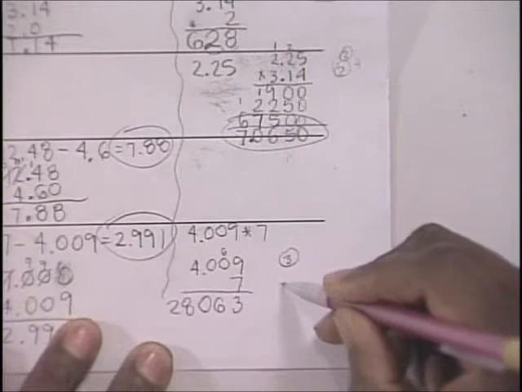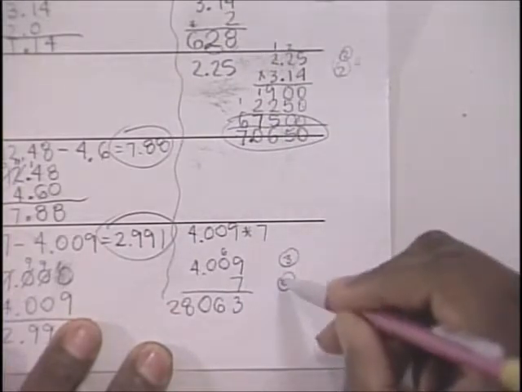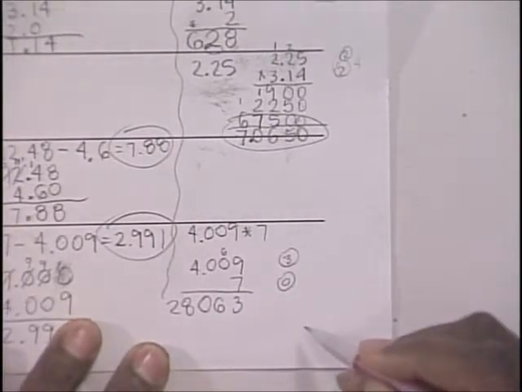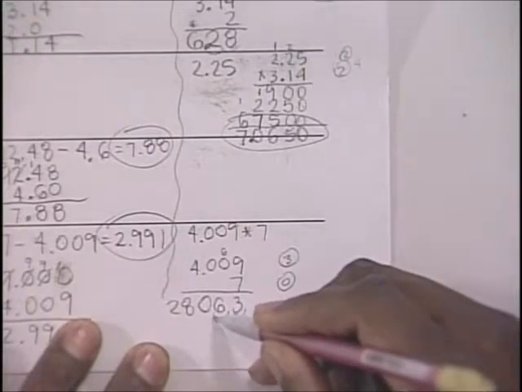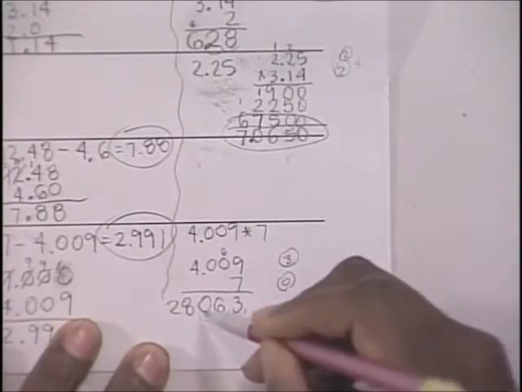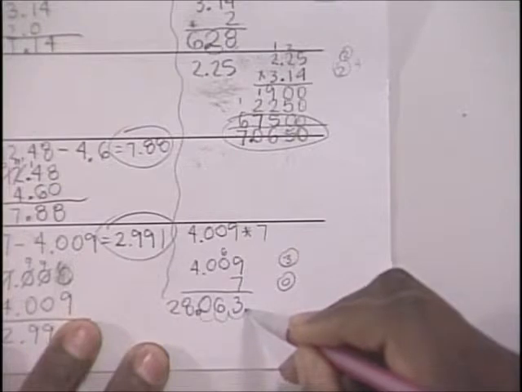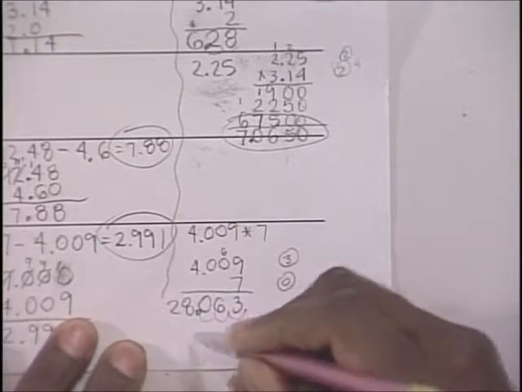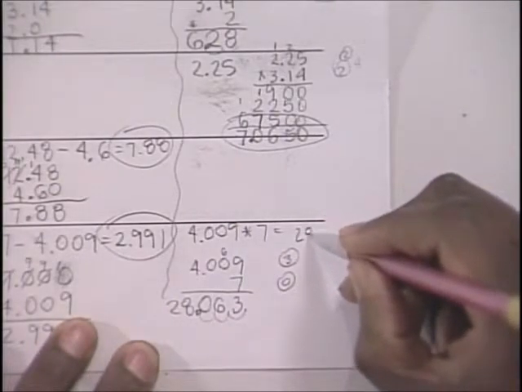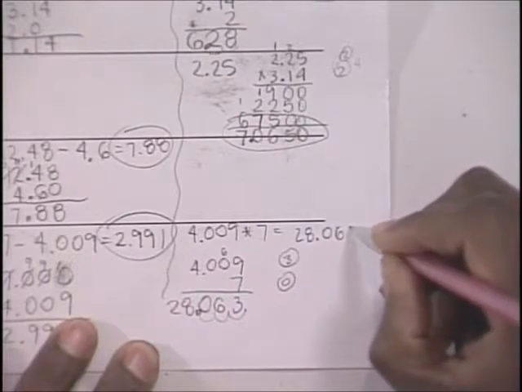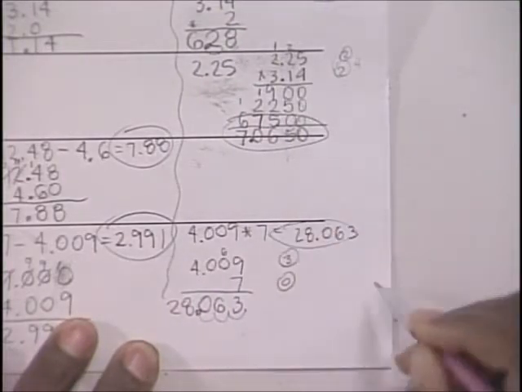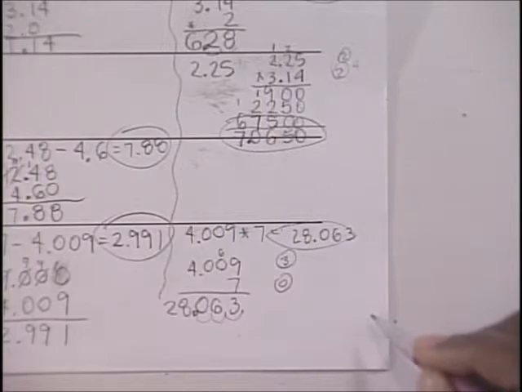There are no decimal places in the bottom part. You add those up and you get 3. That tells you how many places to move in your final answer. You move 3 decimal places from the right, and you end up with 28.063. Final answer.